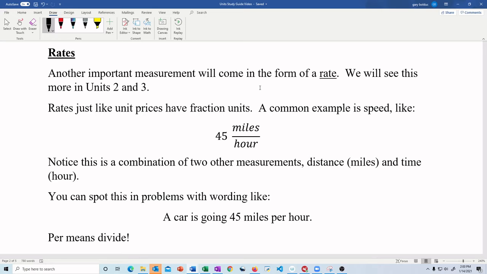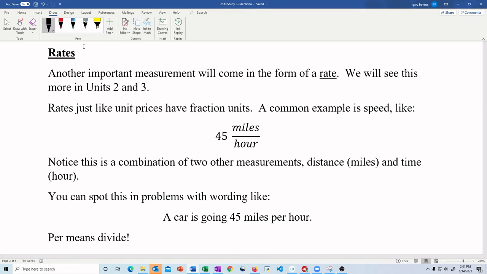So rates are similar to unit prices in that there's a fraction of units here. So it's 2 units smushed together. In this case, speed, like when we're driving a car, we would talk about miles per hour. So you should stop here and think about what this actually means. I think it gives you an insight on how you can use units.